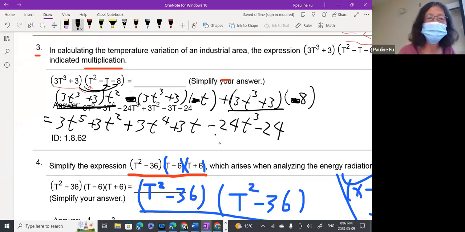If you already consider this is -t, this should be plus, unless you consider this one is a t. Thank you so much. You are paying attention and you are thinking. So sorry, there is no negative here. There is just one negative, either here or here. You cannot have both negative. So I have to change it here, so it becomes -3t, then -3t.